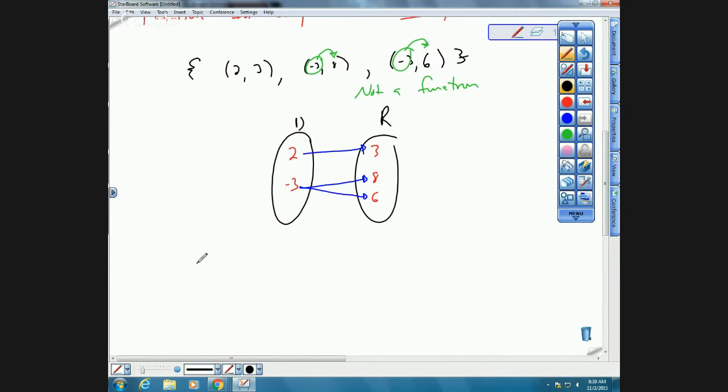Trick one would be this one right here. Is this one a function? Does every x value go along with exactly one y value?